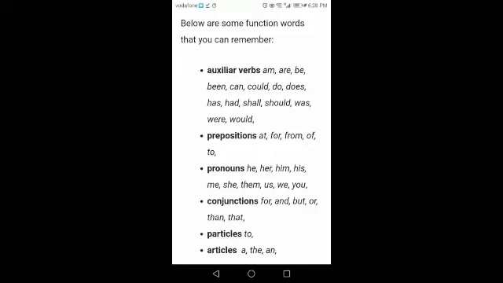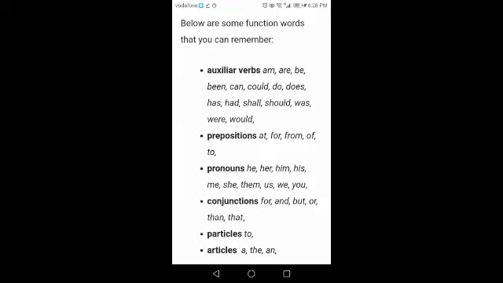Let's start with auxiliary verbs like am, are, be, been, can, could, do, does, has, had, shall, should, was, were, would. Prepositions like at, for, from, of, to.